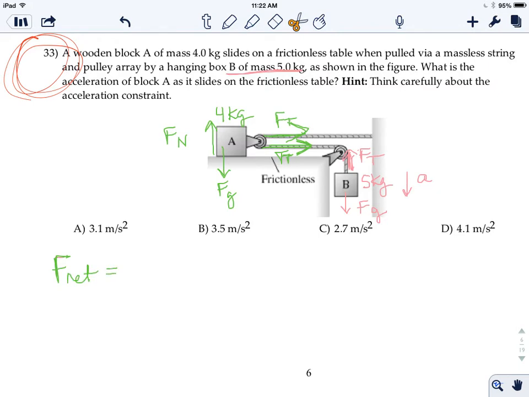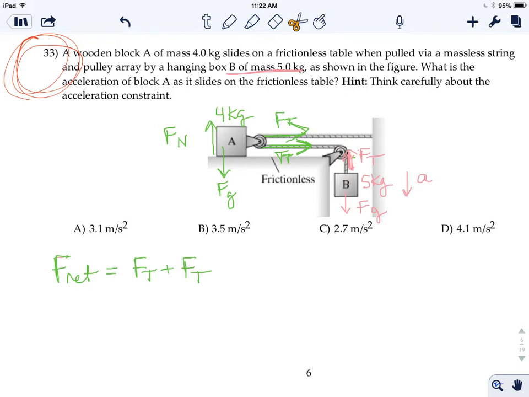is the 2 tension forces. And what was true about those 2 tension forces? Remember, those are the same number. The tension here and the tension here are all the same number because it's all one string attached together.